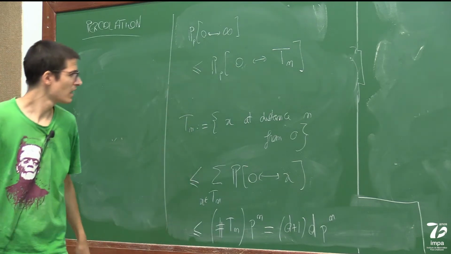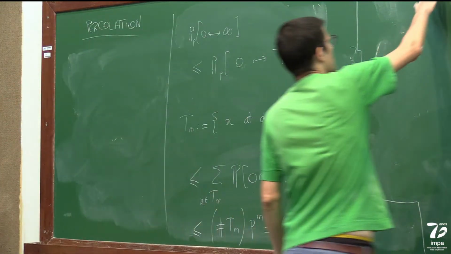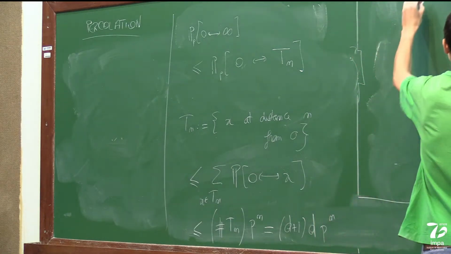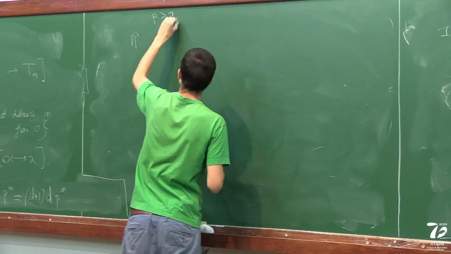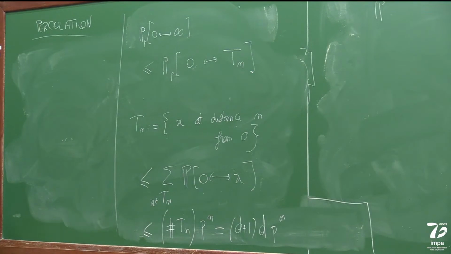So what can we do? We are now going to prove that if p is larger than 1 over d, then this thing is positive. Okay, so it's going to be different. We are not going to do some lower bound stuff.